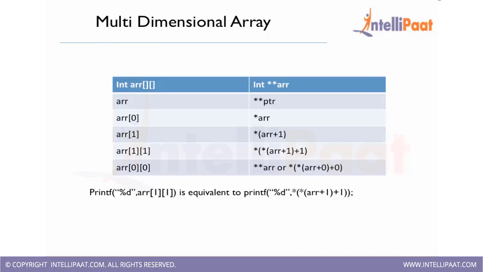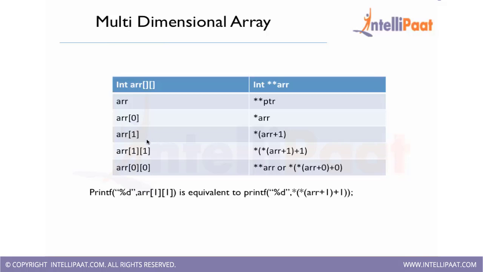So arr is a pointer to pointer. arr[0] will be a pointer to a variable, and that memory location will be pointing to the first row of the multidimensional array. arr[1] will be pointing to the second row.